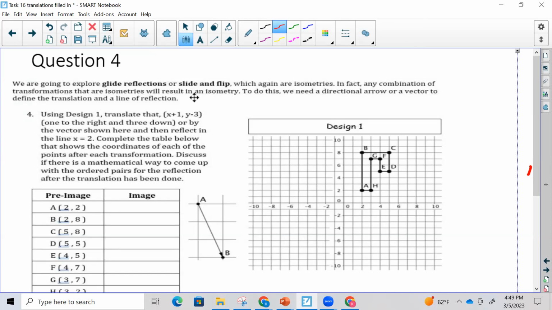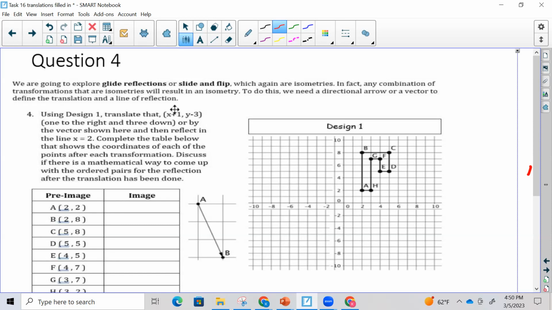So in order to do a glide reflection, we need two things. We need a directional arrow, or vector, to define the translation, and we also need a line of reflection. Okay, so this is an example. Use design one, our same design, to translate it x plus 1, y minus 3. So this is my vector.